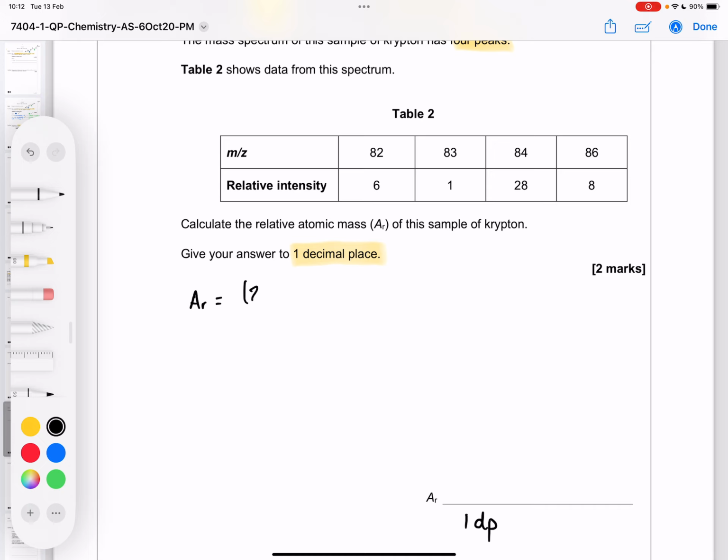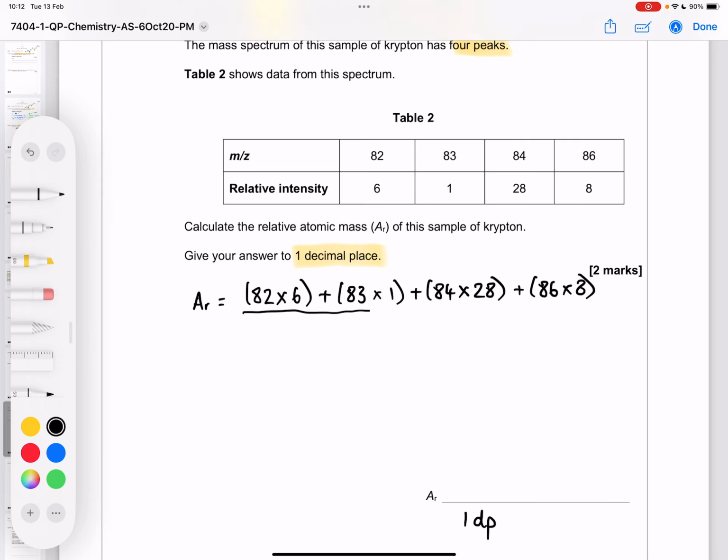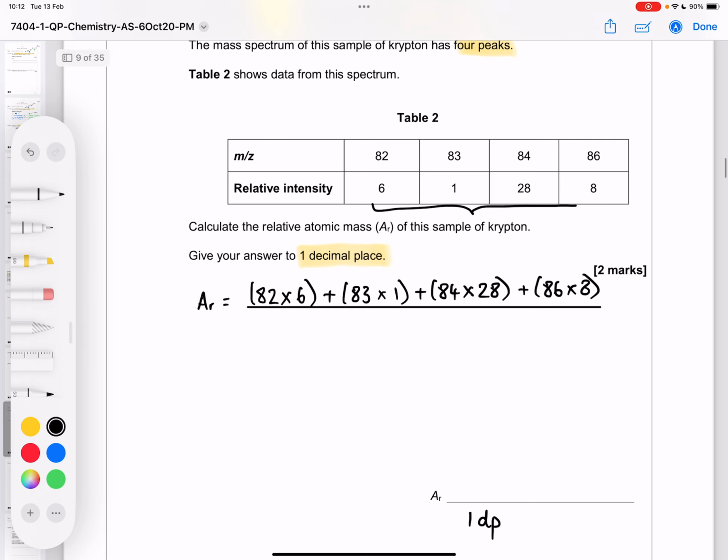So I'm going to times the mass by the abundance, and then add those all up because I'm doing an average, but I'm weighting them according to their abundances. So I'm doing that. And then I'm going to divide it all by the total abundance. Now, notice if you do a quick look at these, they don't add up to 100.